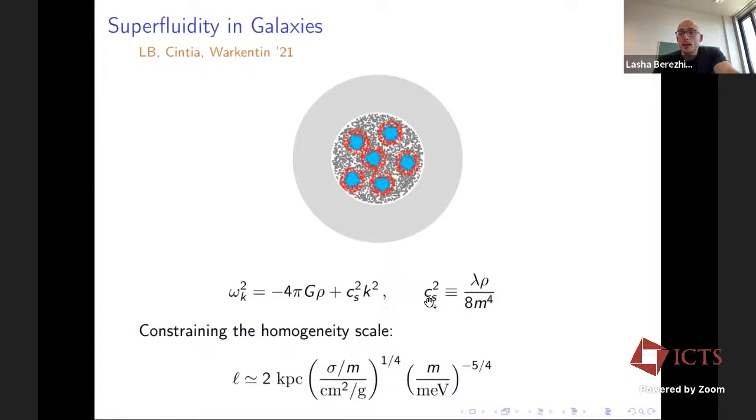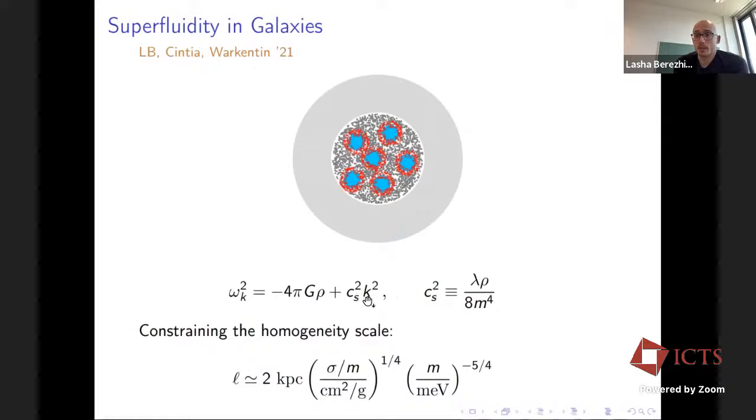Interestingly, the sound speed in the case of two-body interactions that I mentioned, which is the simplest case that can give you superfluidity, the sound speed squared is proportional to the density. Therefore, both terms here are proportional to density, and therefore the characteristic k for which omega becomes imaginary is independent of the density because it drops out. The Jeans scale is literally the solution of the omega equals 0 equation, and if both terms are proportional to rho, it is independent of rho.